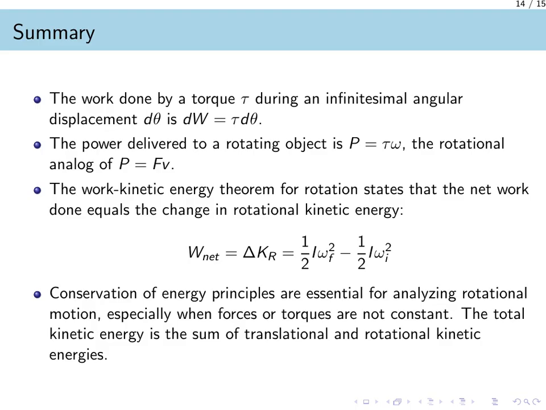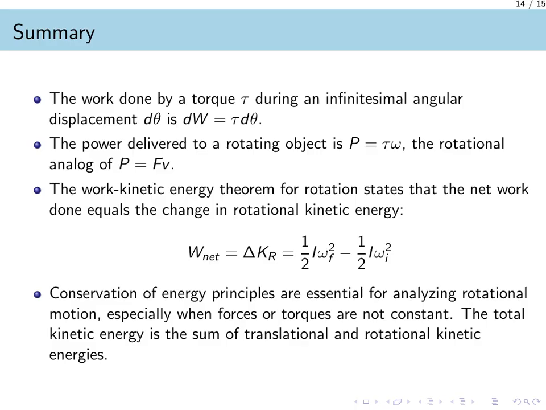Let us summarize the essential energy principles for analyzing rotational motion. These concepts provide a powerful alternative to using forces and torques directly, especially in situations where those quantities might not be constant. First, we defined the work done by a torque. For a very small angular displacement, d theta, the incremental work done, dW, is equal to the torque, tau, multiplied by d theta.